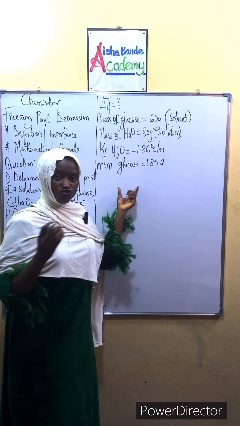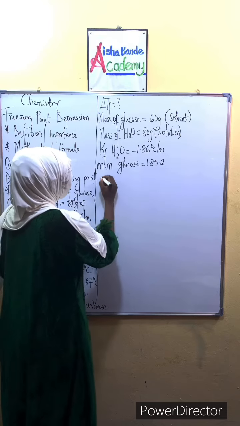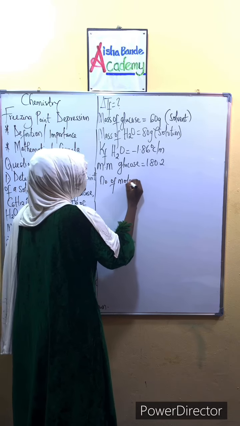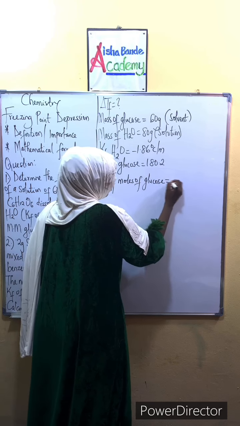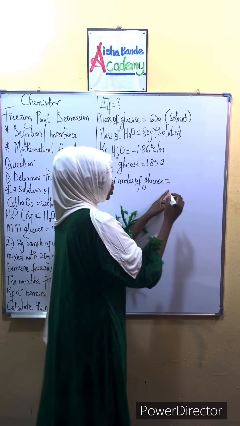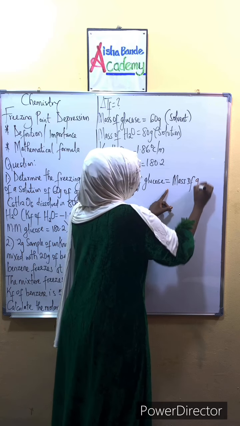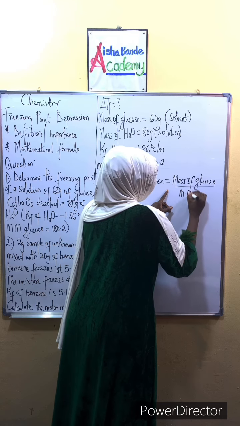So the first thing we need to find in this question is the number of moles of glucose. Okay, so step one, we have to find the number of moles of glucose. For us to find that, we're going to use the relation, which is the mass of glucose all divided by the molar mass of glucose.